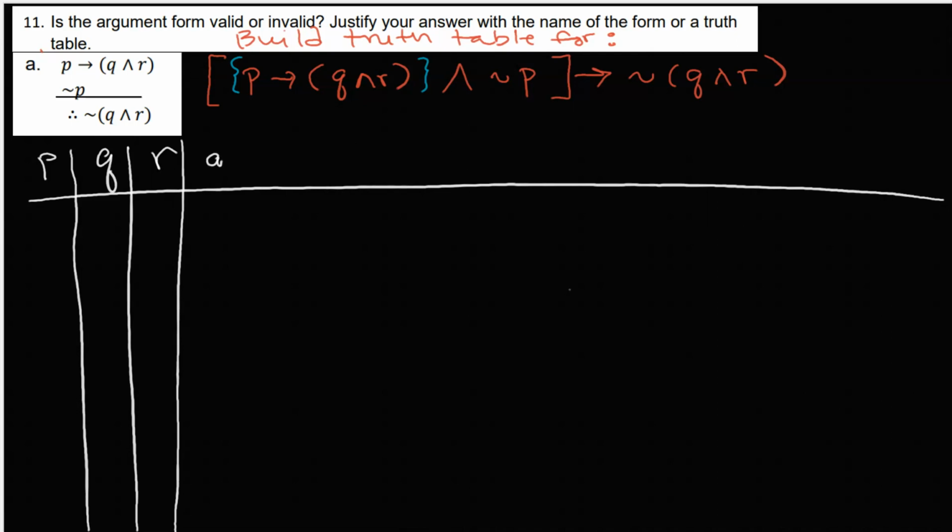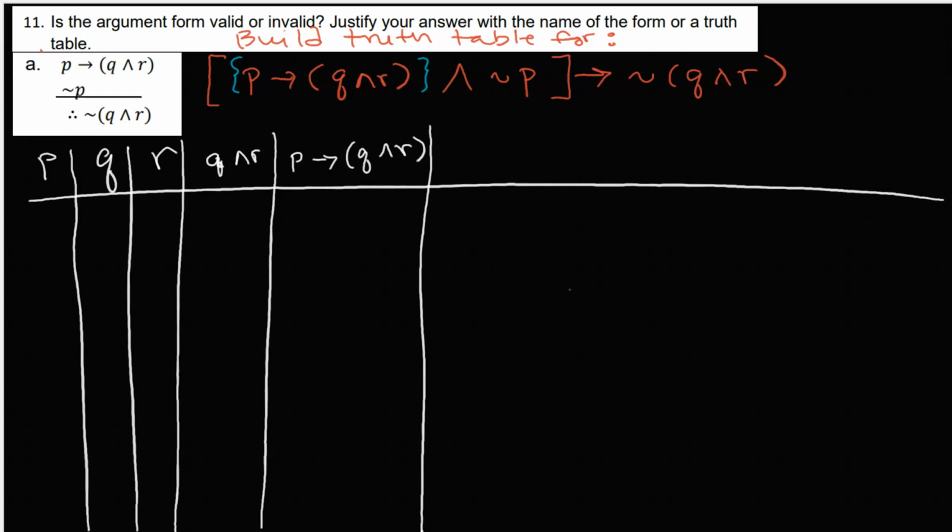So Q and R would be my next column. And then I would say P implies Q and R would be my fourth column. And then I would say not P, because negation will come before and. And so in here we have the whole bracket there.